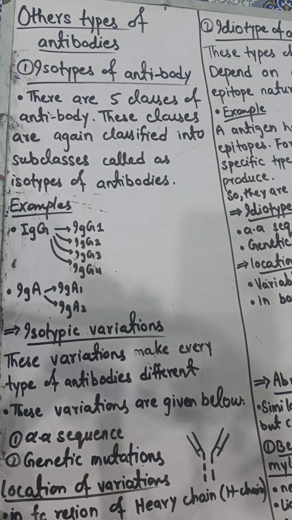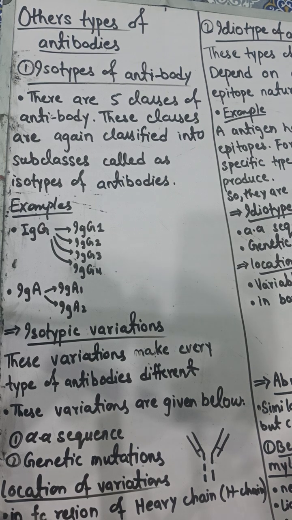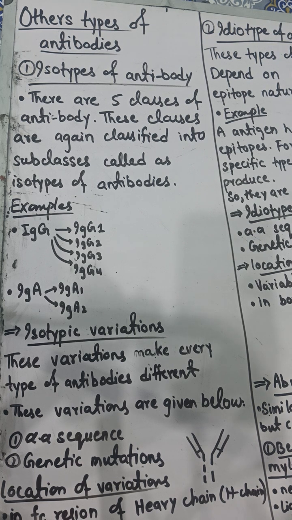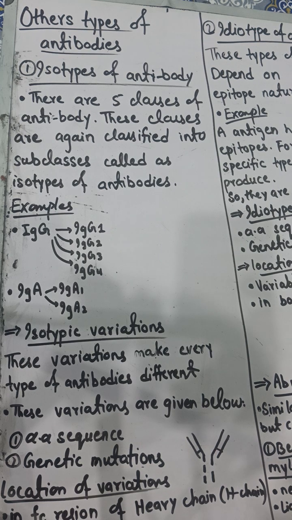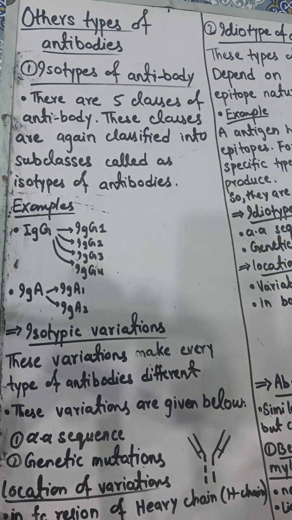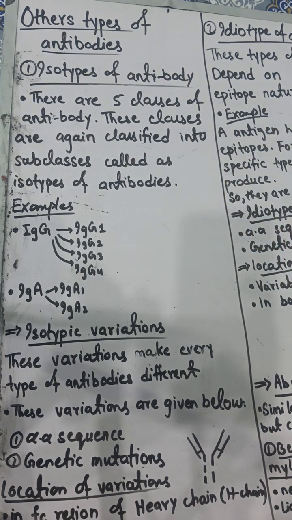So first we will discuss some other types of antibodies, which are classified on the basis of differences in them, like genetic differences or amino acid sequence differences. The first type of antibodies is the isotype of antibodies. So what are they? Naturally, antibodies are divided into five classes: IgG, IgA, IgM, IgE, IgD.